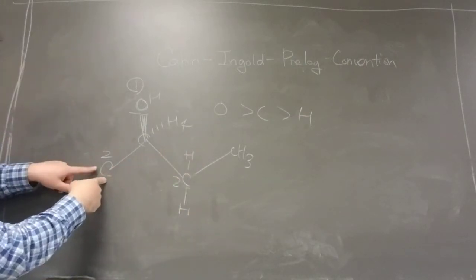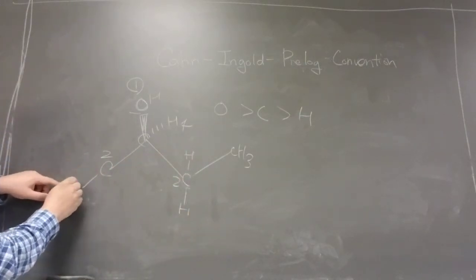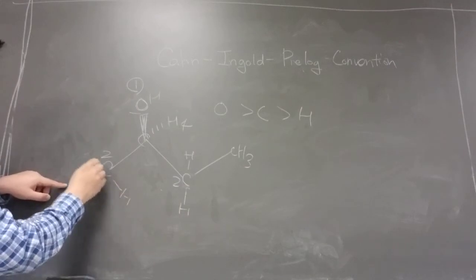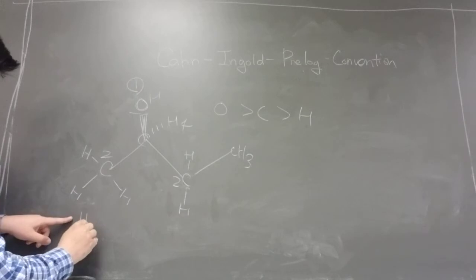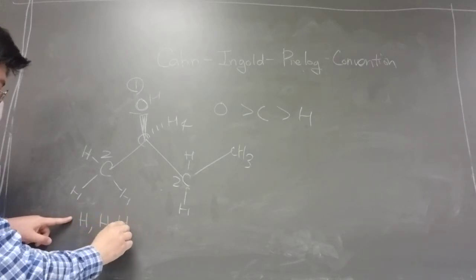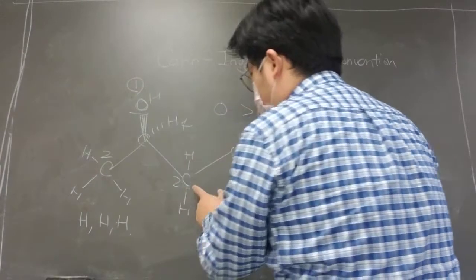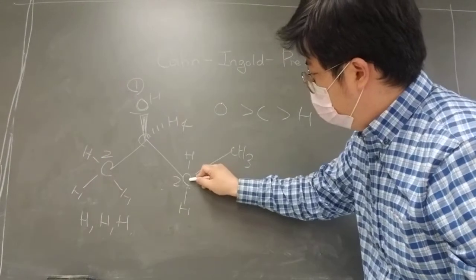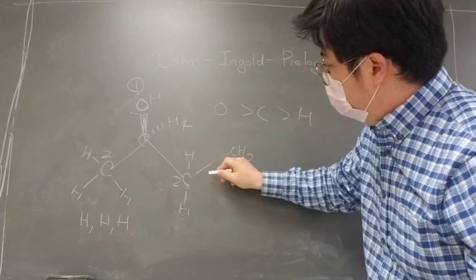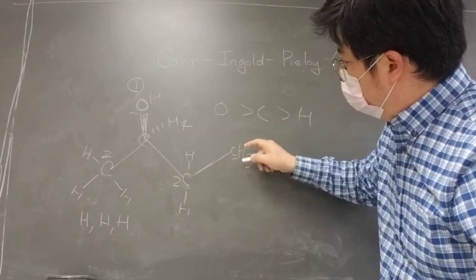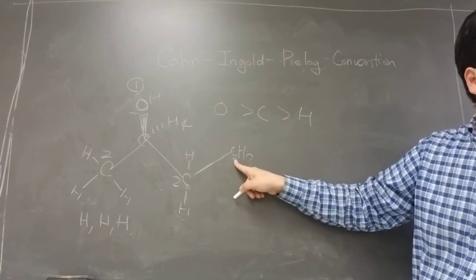So if you go further from this carbon, it will be 3 hydrogens, right? So we can say hydrogen, hydrogen, hydrogen. But if you look at the one over here, it has 1 and 2 hydrogen. The other one is pointing to what? Carbon, right?